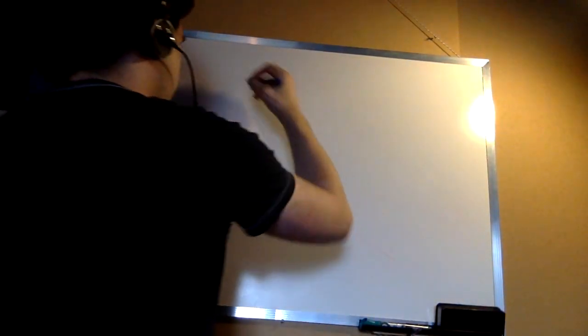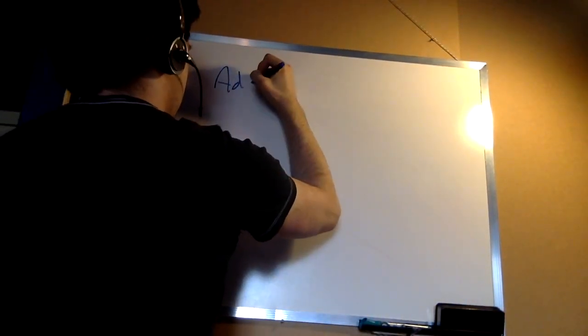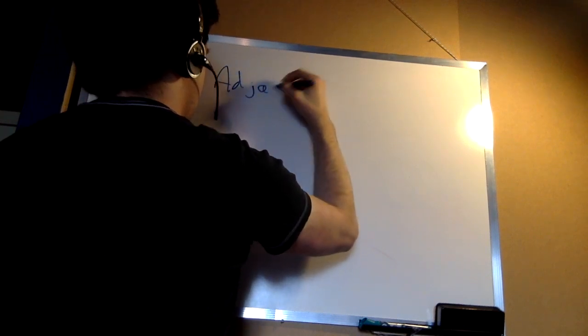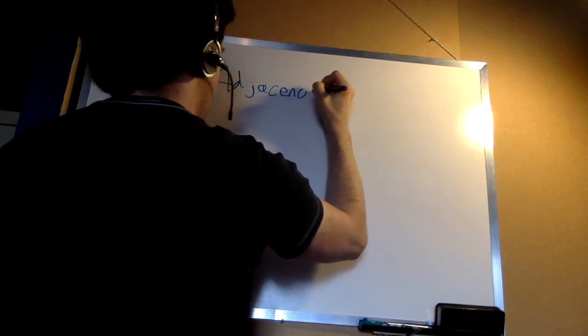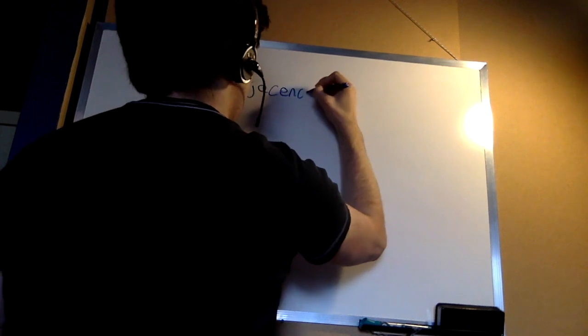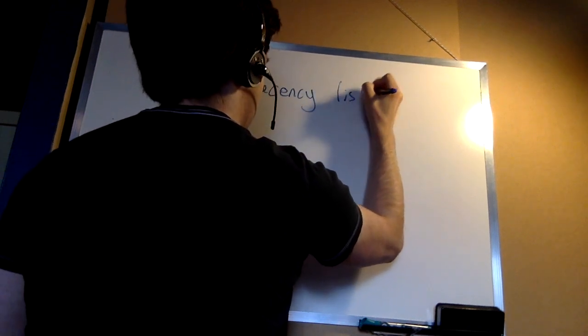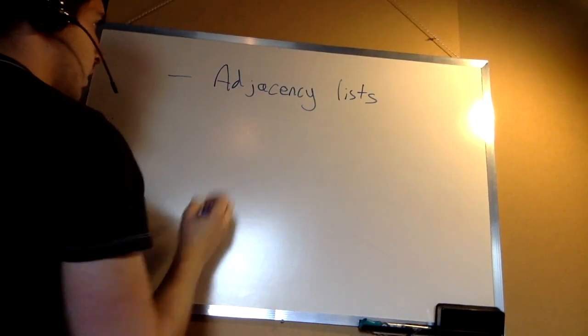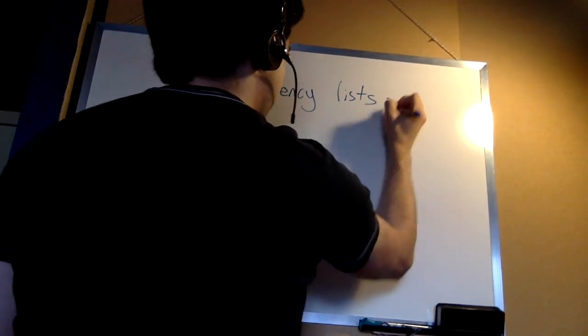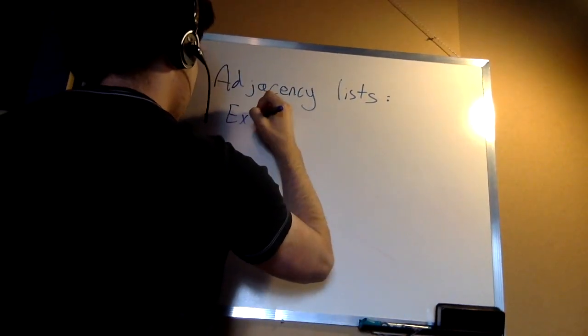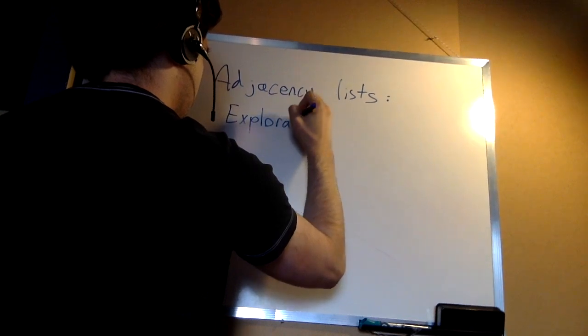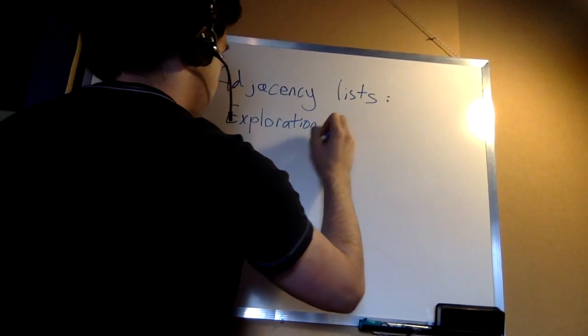So remember, the book describes adjacency lists, which are good for exploration problems, and basically everything else.